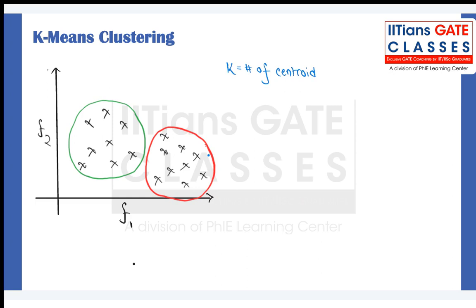And the algorithm is very simple. So what is a centroid? Let's take this cluster. This cluster has a centroid here, let's call it C1. This cluster here has a centroid called C2. The steps to run k-means clustering are very simple.